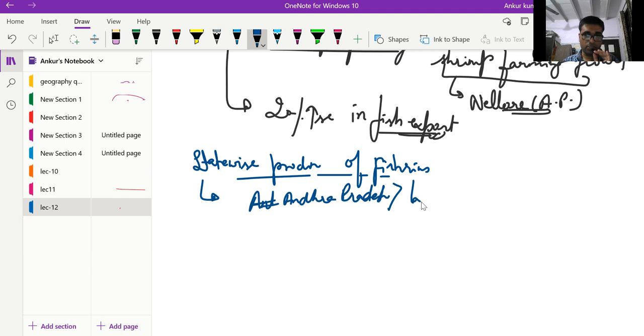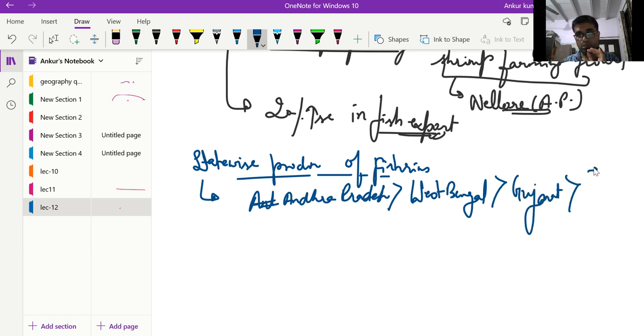After Andhra Pradesh, we have West Bengal. After West Bengal, Gujarat. And after Gujarat, Tamil Nadu.